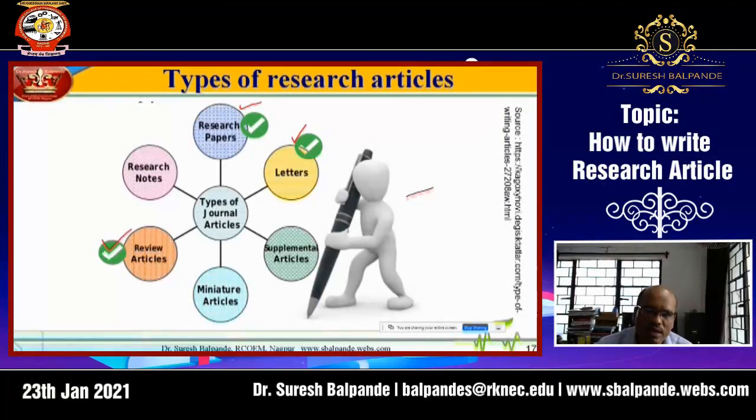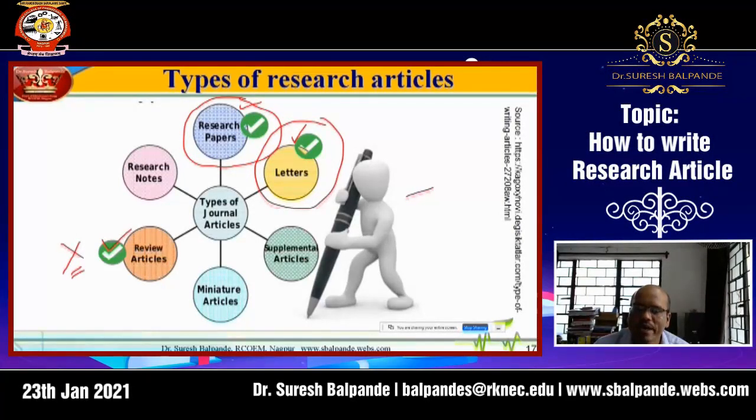As a student and a beginner, you should target the research paper category or the letter category. Better not to go for review articles, because review articles in good journals are generally not accepted from a beginner.